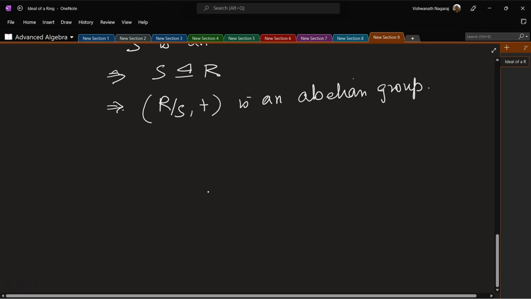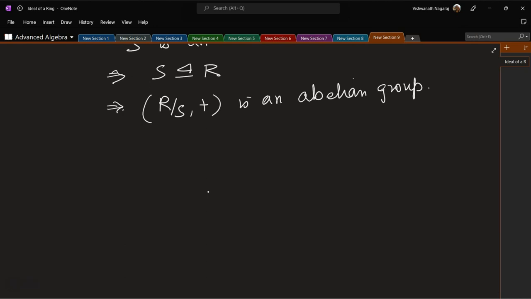Now, remember, we have to figure out what condition has to be satisfied. So let a, b belong to R. Since it is an abelian group, we don't have to bother with addition now. What we have to figure out is under multiplication also whether it is possible.